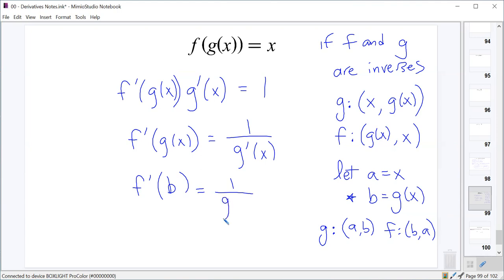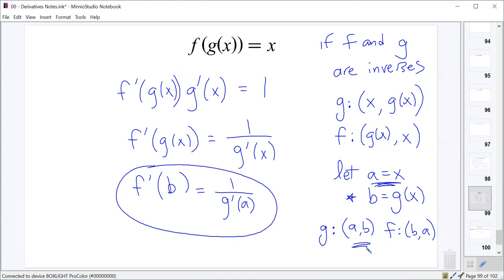Well, g prime of x is the same as g prime of a, because we said that a is equal to x. And as long as f and g are inverses, and g contains the point a comma b, or f contains the point b comma a, we can always find the derivative of the inverse function.